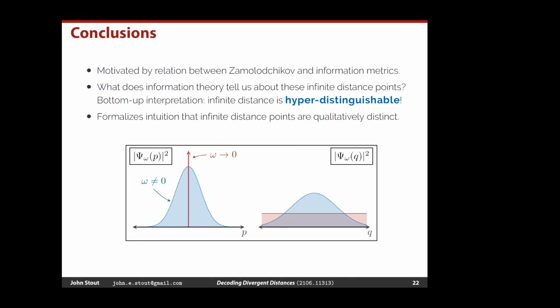We're able to argue that this information metric has infinite distance singularities when the predictions that the theory makes are becoming qualitatively different, in the sense that it's very easy to distinguish that theory from others. And this formalizes the intuition that the effective field theory should always break down because I have this qualitatively different behavior.